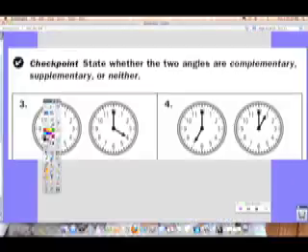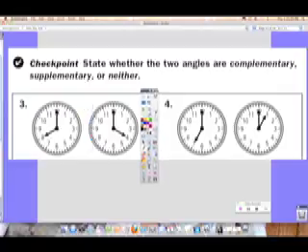In the directions it's saying, when you put the two angles together, are they complementary, supplementary, or neither? This takes some thinking. I can use the board to my advantage, maybe. So let me highlight. If I bring this angle off the picture, you with me? Rotate it, and line it up. Ta-da!